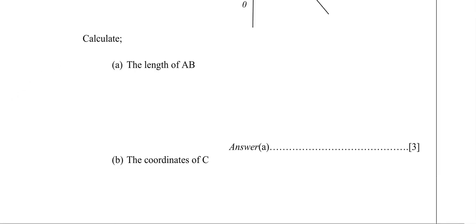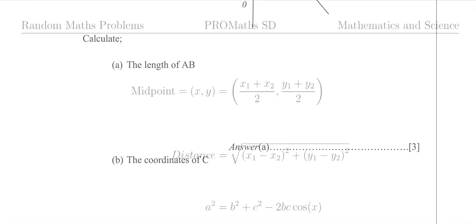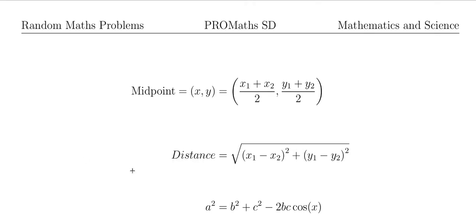So to calculate length, you need to first understand the formula for calculating distance, which is this one. This is what you will use to calculate your distance. Distance is equal to the square root of (x1 minus x2) all squared plus (y1 minus y2) all squared.